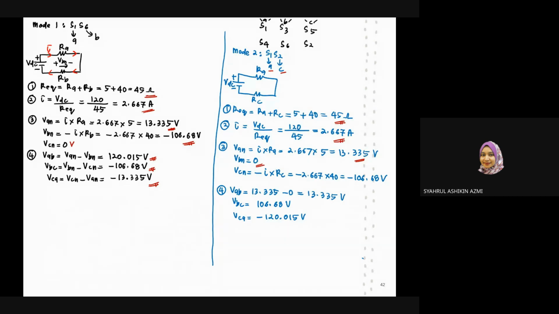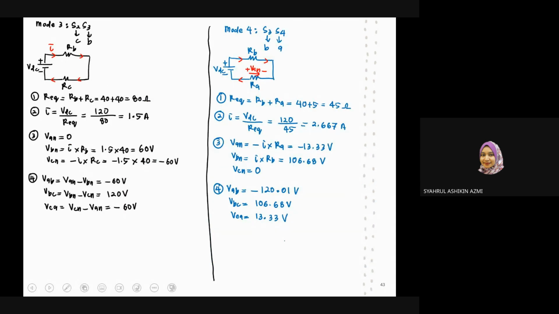VBN is 0 since there is no switch turned on for phase B. VCN is negative 106.68 volt. Okay, and then for your line to line voltage, VAB is 13.335, VBC 106.68 volt, and your VCA is negative 120.012 volt. So these are the values of phase voltage and line to line voltage for mode number 2.